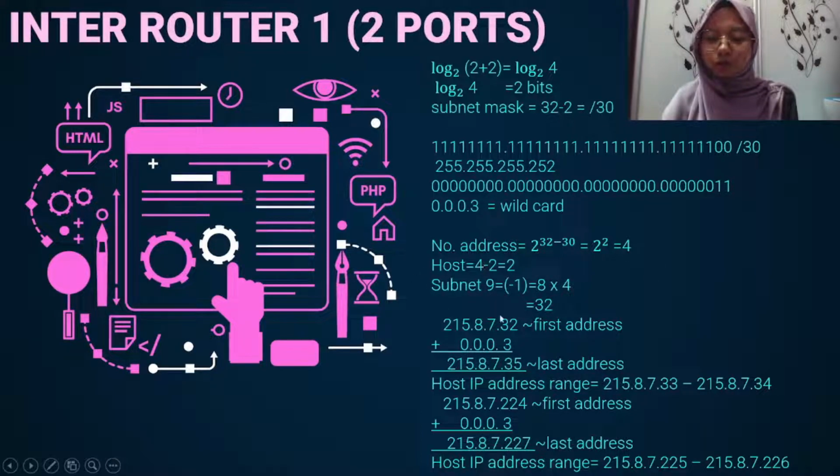So the hosts we get from the number of addresses, and then we just minus 2, and then we get 2. So this is our subnet 9. Interrouter is our subnet 9, and then 9 minus 1 is 8, and then 8 must multiply by 4, where 4 is our number of addresses, and that equals 32.